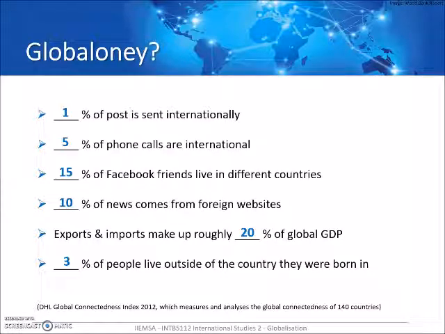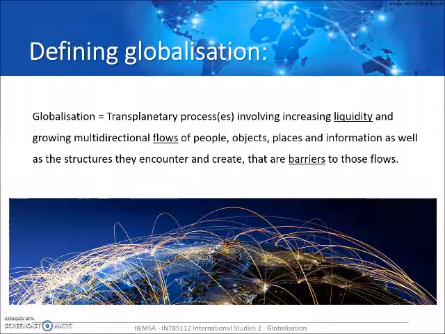So this just as a starter. Now, if we look at globalization, this is sort of the definition that your book will give you, right? And it sounds a bit complicated, but it's actually not. We're going to break it apart a bit so that we're sure that you understand it.